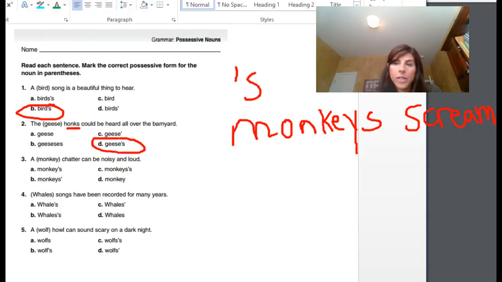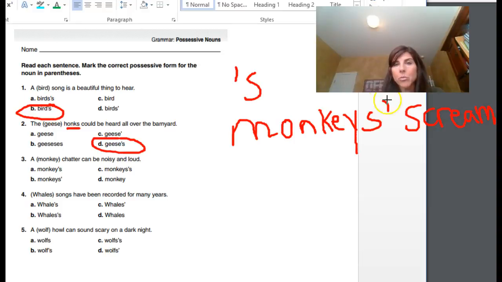That rule is first make it plural, and so monkeys is plural, and then you add the apostrophe. So the apostrophe would come after, and that's why here, geese, it doesn't come after, because it's plural already without the s. That's where a lot of people make a mistake: they think the apostrophe goes after every plural possessive.